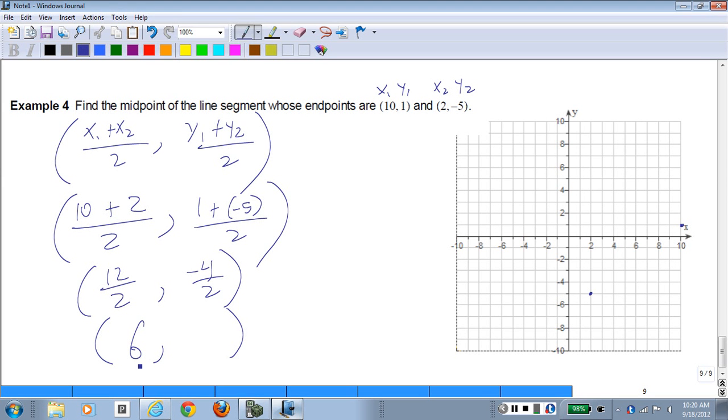And halfway between 1 and negative 5 is negative 2. Negative 2 is 3 units away from 1 and 3 units away from negative 5. So does it look like, be careful how I draw it, I kind of like it to go through that point. Does it look like (6, -2) is the midpoint?